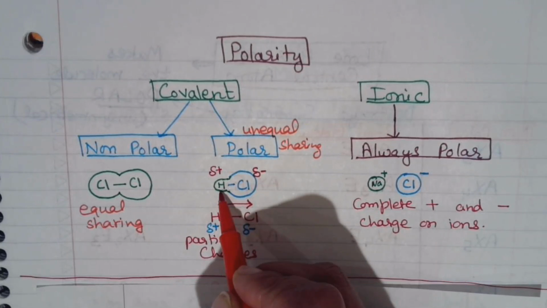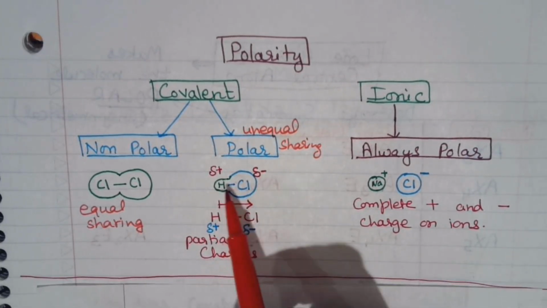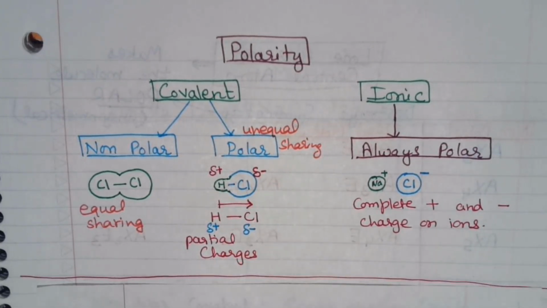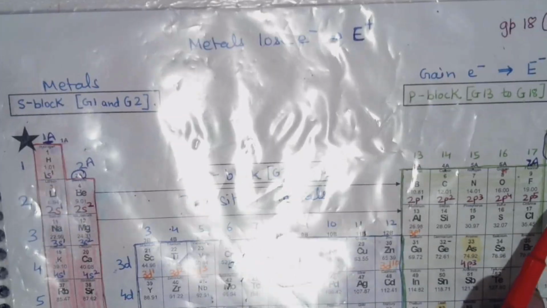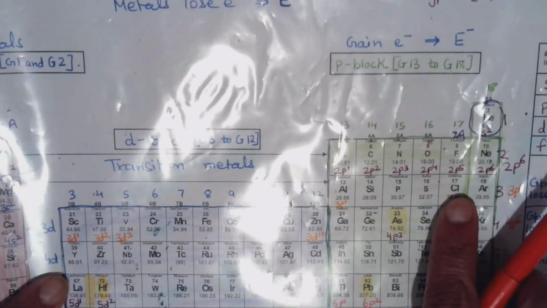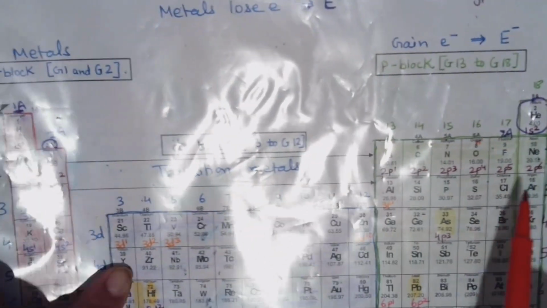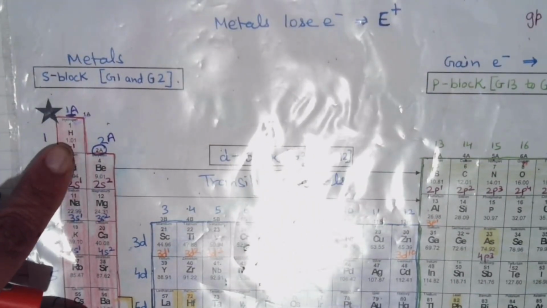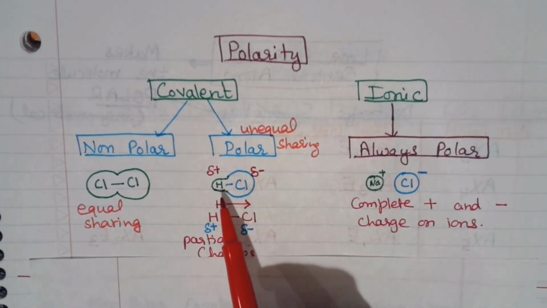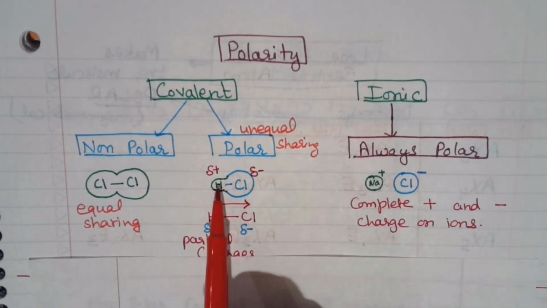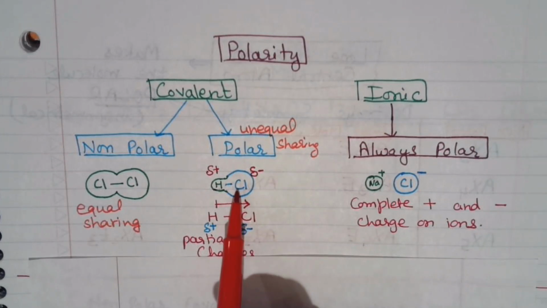If you check the electronegativity difference between hydrogen and chlorine, chlorine is more electronegative because the electronegativity increases left to right. See, chlorine is right here on the extreme right hand side of the periodic table, and hydrogen is here. So chlorine is way more electronegative than hydrogen, right?